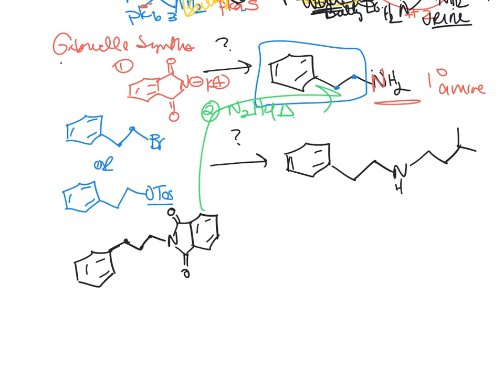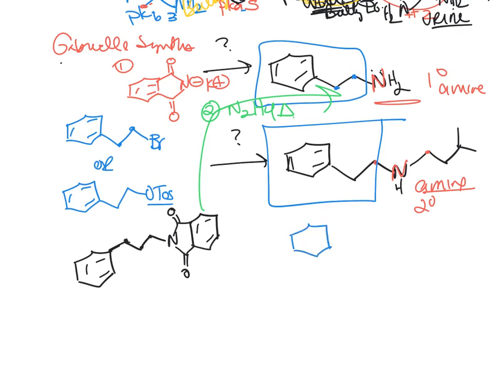All right, so the other one here, this amine, so what is it? It's an amine, and the nitrogen is bonded to 2 carbons, so it's a secondary amine. So I would like to make this from an aldehyde. So let's make this an aldehyde. So what are we going to do? What's the reaction? Reductive amination.